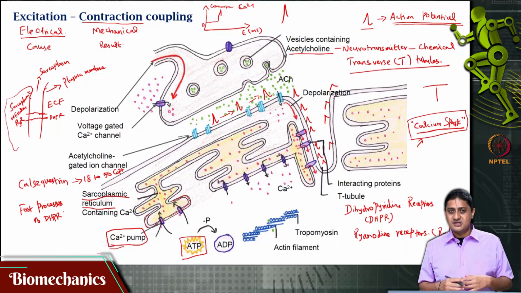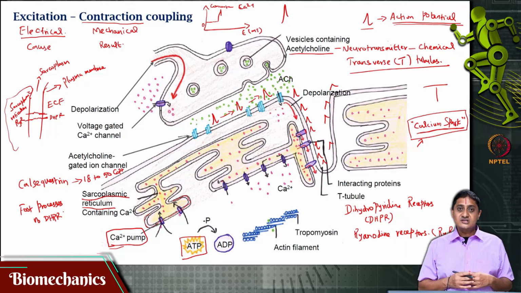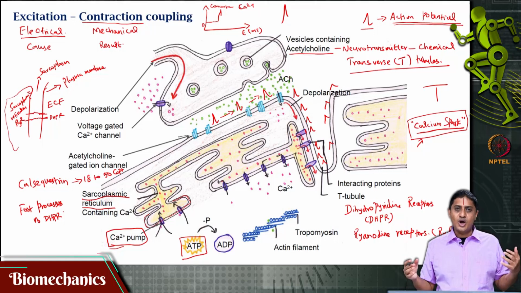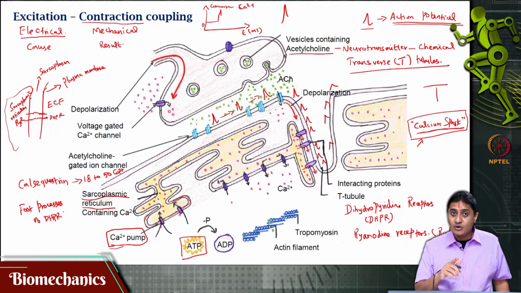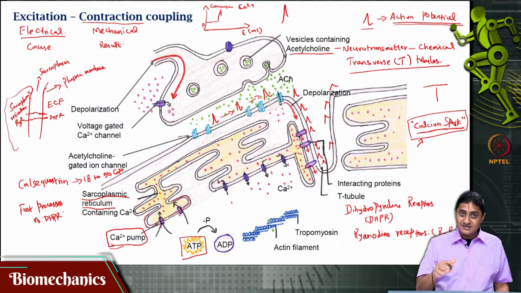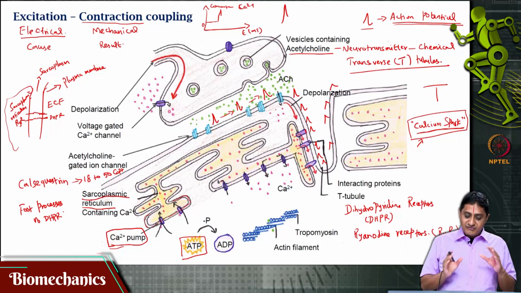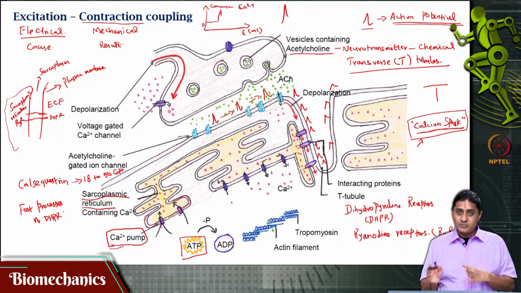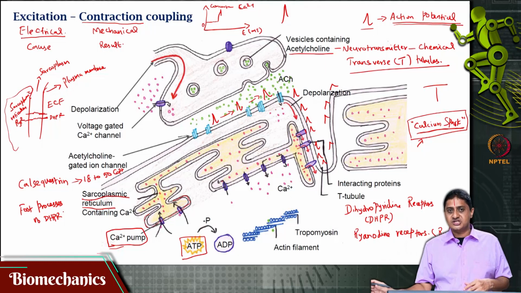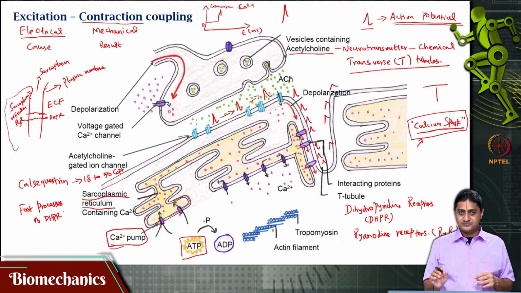A lot of calcium is present inside, and all that calcium, or a large amount of that calcium, will suddenly rush out. A huge outflux of calcium, not outside the cell, within the cell. All this happens within the muscle cell. From within the sarcoplasmic reticulum to the sarcoplasm, there is a huge gush of calcium.